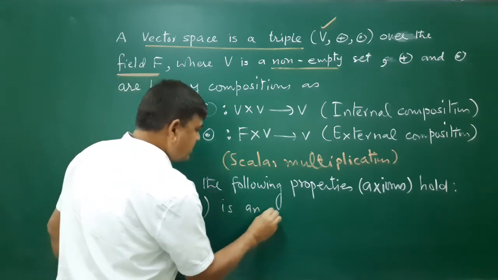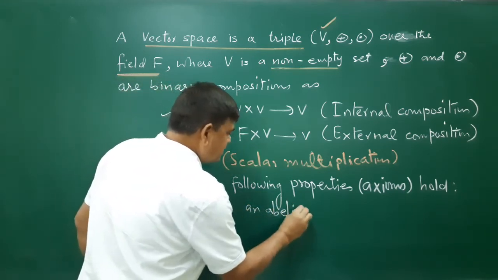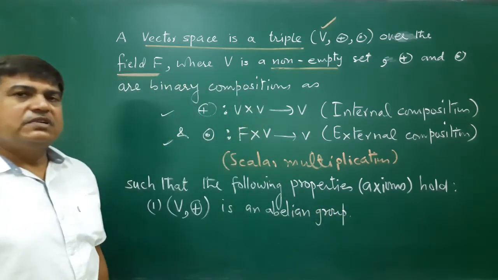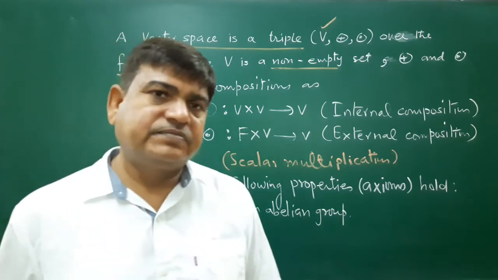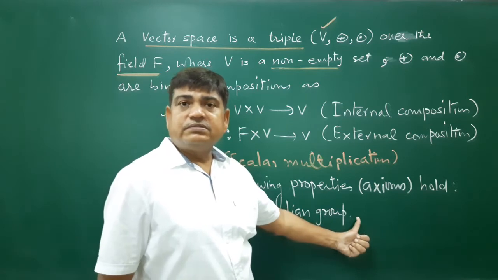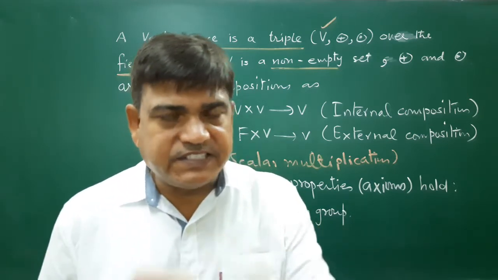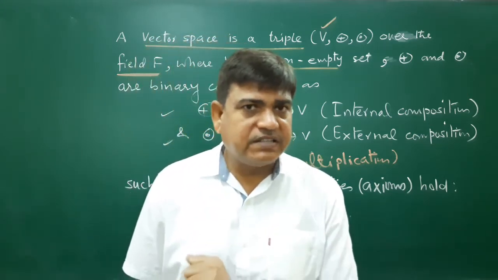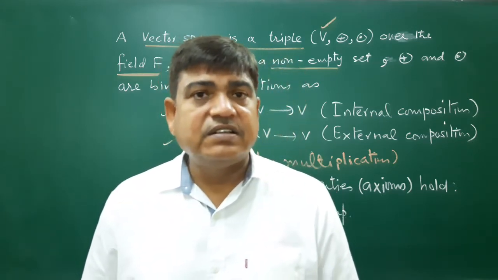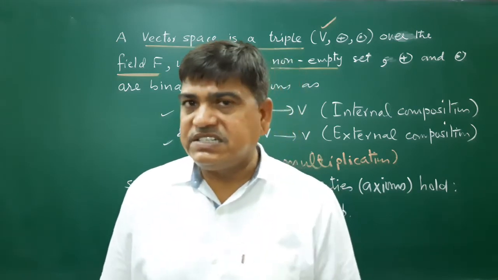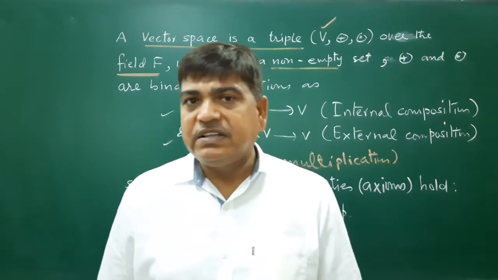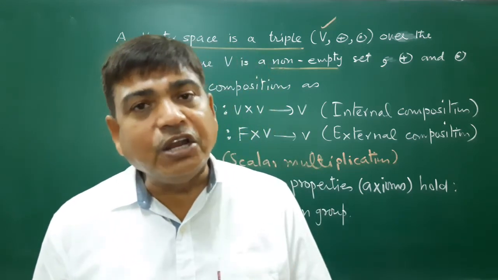(V, +) is an abelian group. This we have already discussed. That means 5 properties: closure property, associativity, commutativity, existence of identity element, and for every element of V there exists the inverse.